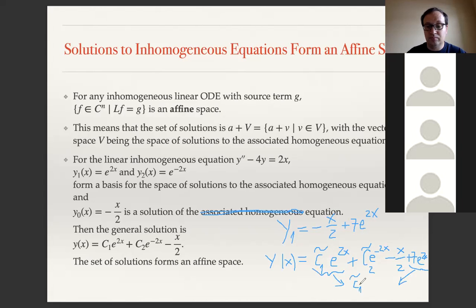So c1 tilde plus 7 is just another constant. So it turns out that choosing another particular solution doesn't actually make any difference in theory. In practice, it does, because there is usually one particular solution that's easiest to compute, and all the other ones are more complicated than that. So in our case, this is going to be the solution that's easiest to compute.